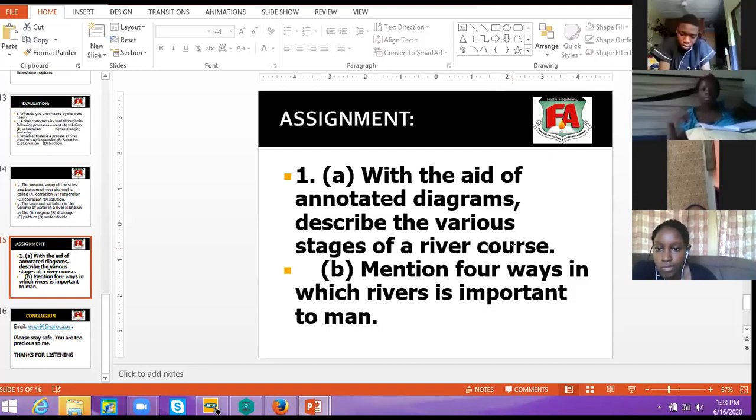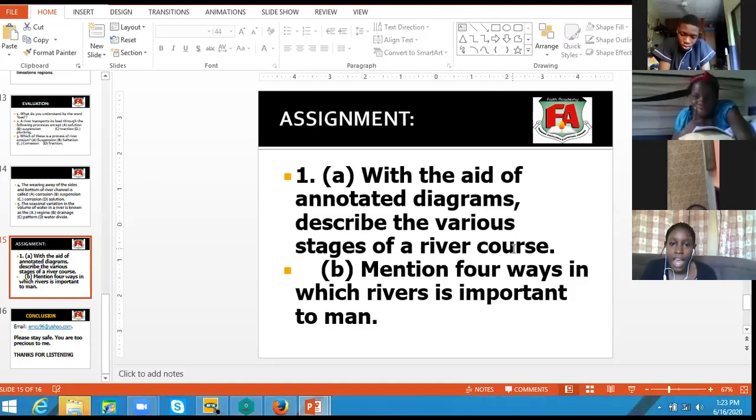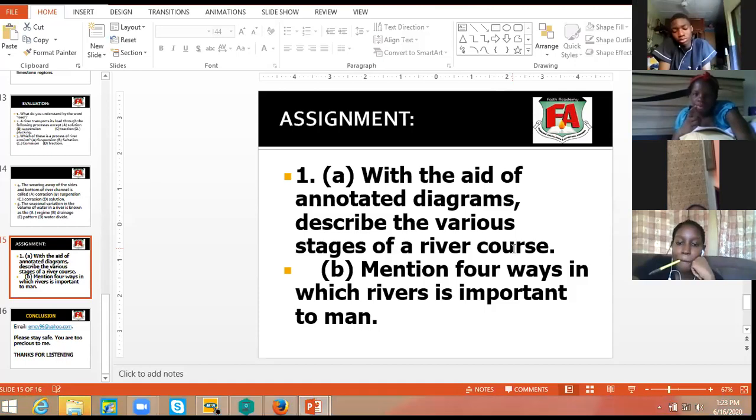Look for it in the dictionary. When you draw the diagram, make sure you label. The diagram should be well labeled. You label upper course, middle course, lower course.